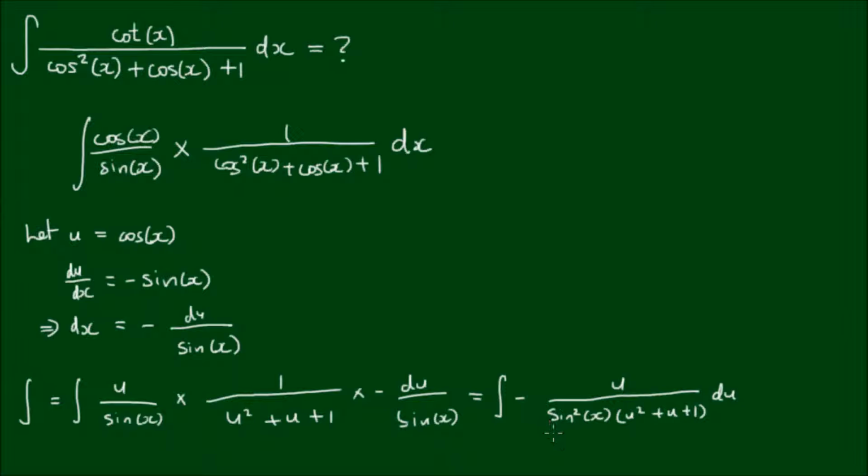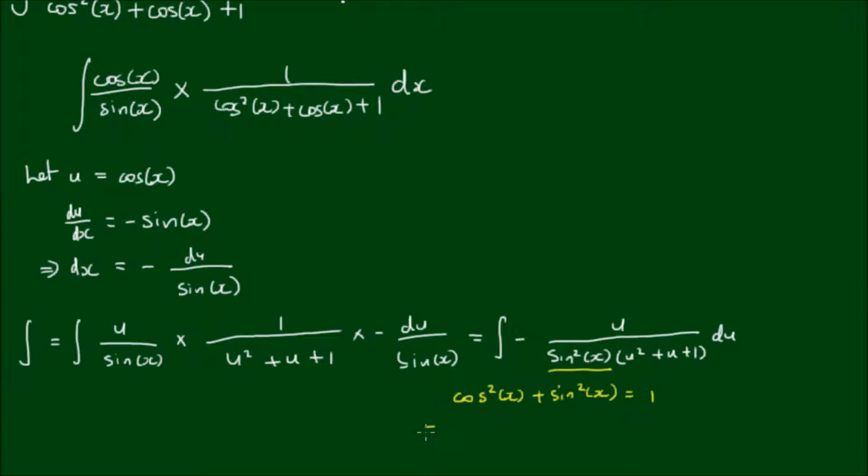Now sine squared of x, we know the identity of cos squared of x plus the sine squared of x is equal to 1. So then sine squared of x is equal to 1 minus the cos squared of x, and that's equal to 1 minus u squared if we use our substitution.